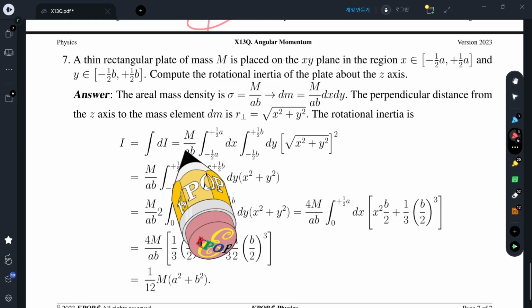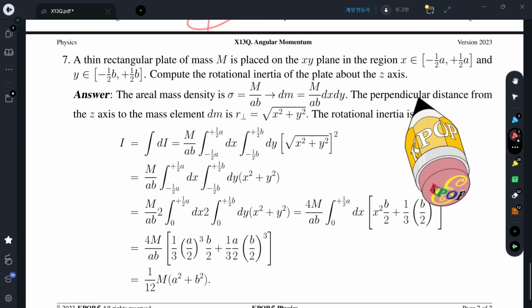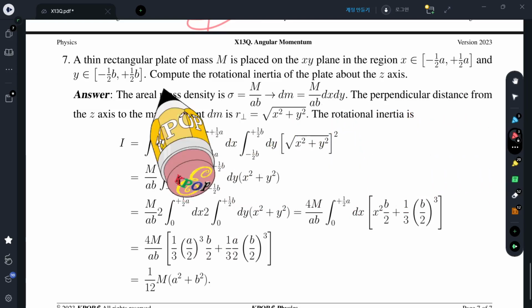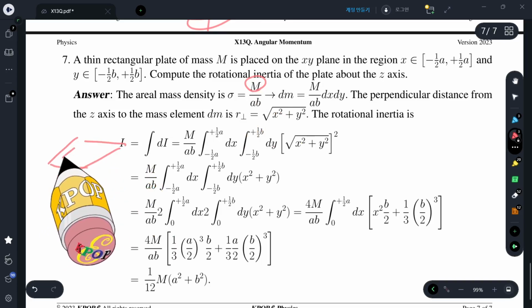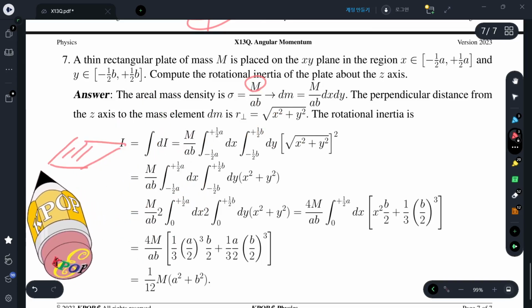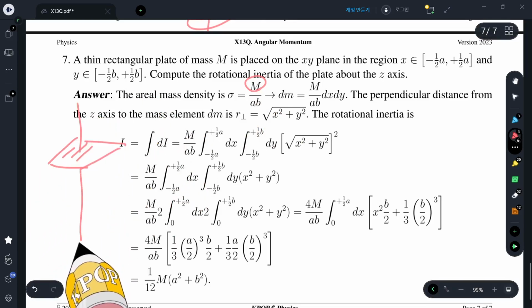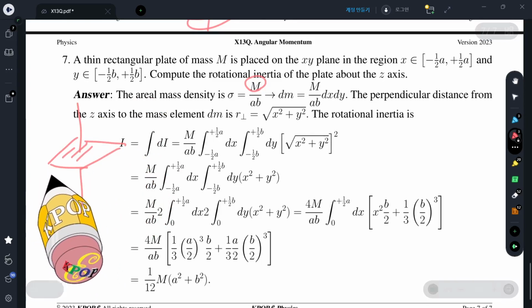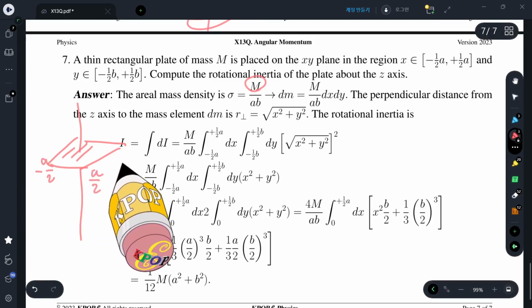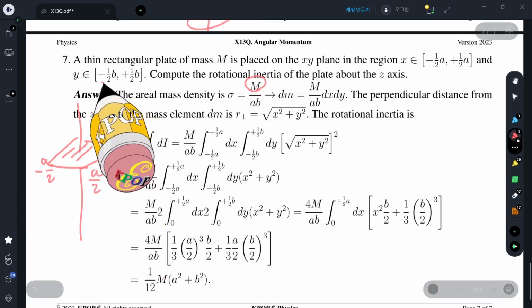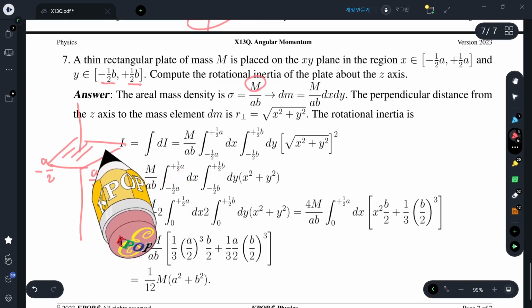We can also compute the rotational inertia for a uniform plate. Mass is distributed over a uniform plate, and the axis of rotation is like that. The coordinates run from minus 1/2 a to plus 1/2 a, and minus 1/2 b to plus 1/2 b.